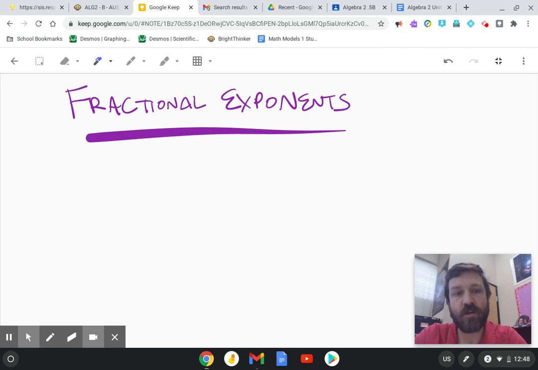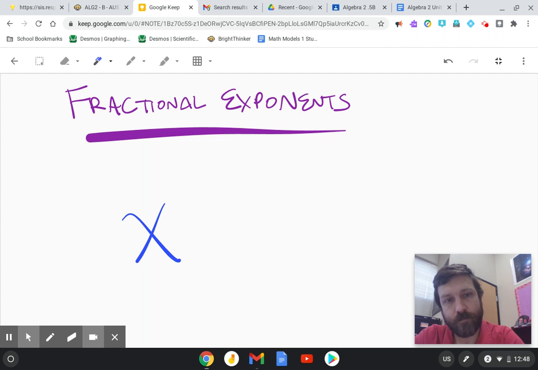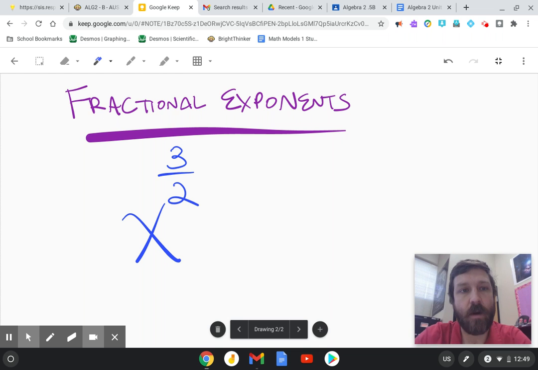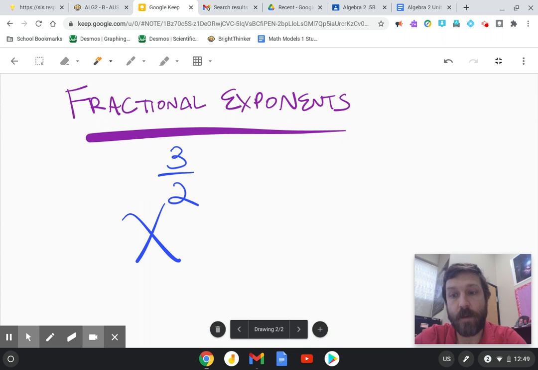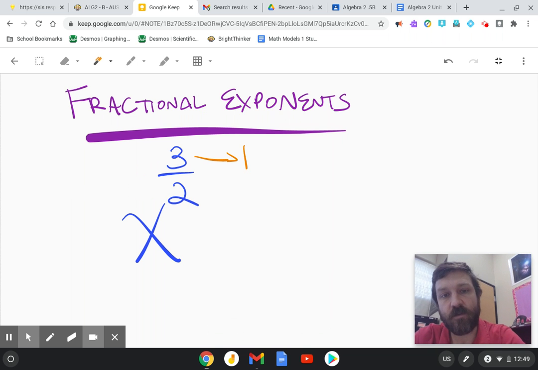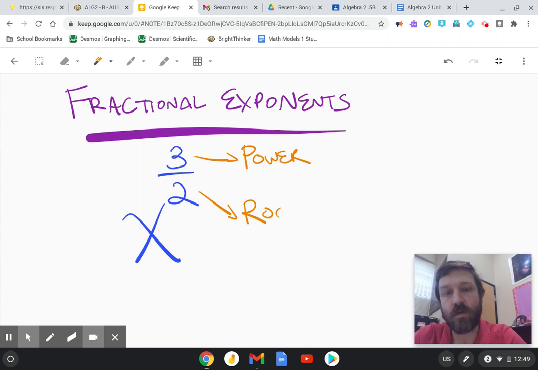And so really all a fractional exponent is the following. You have a fraction as a power, and within that, the numbers on the top and bottom of that fraction tell you different things. The top tells me the power, and the bottom tells me the root.